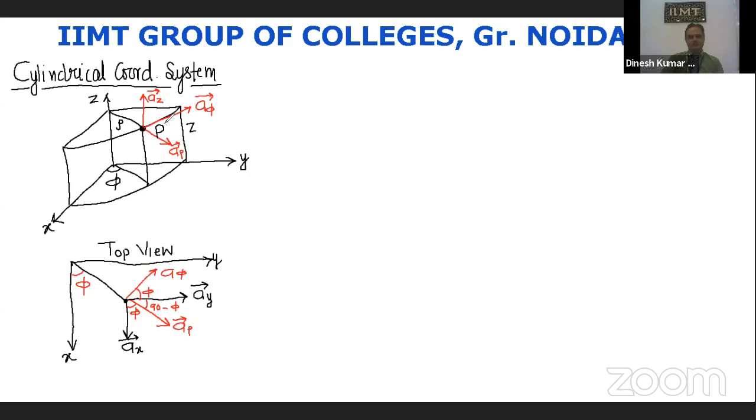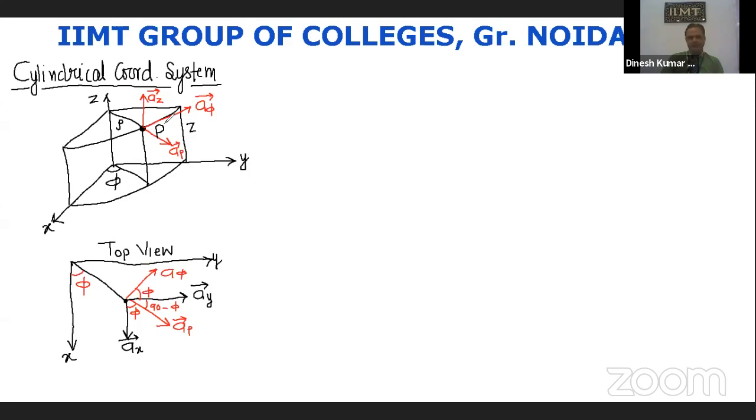Let us discuss more about these three variables: rho, phi, and z. Rho is defined as the radius of this imaginary cylindrical body. Phi is the angle measured from the xz plane to that vertical plane shown to you.